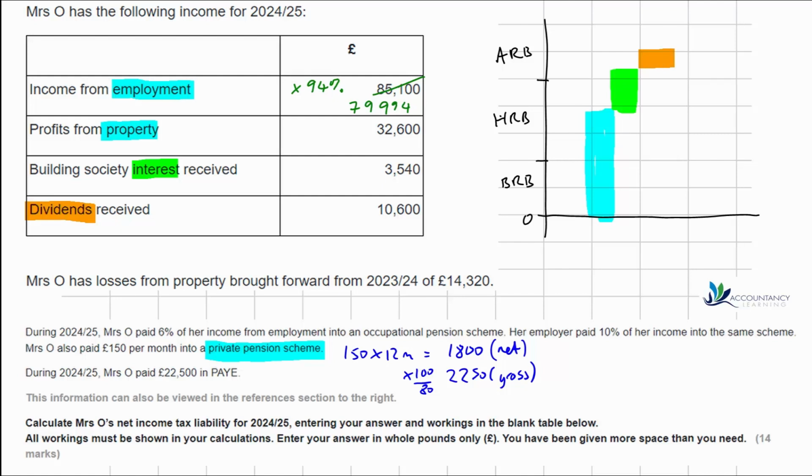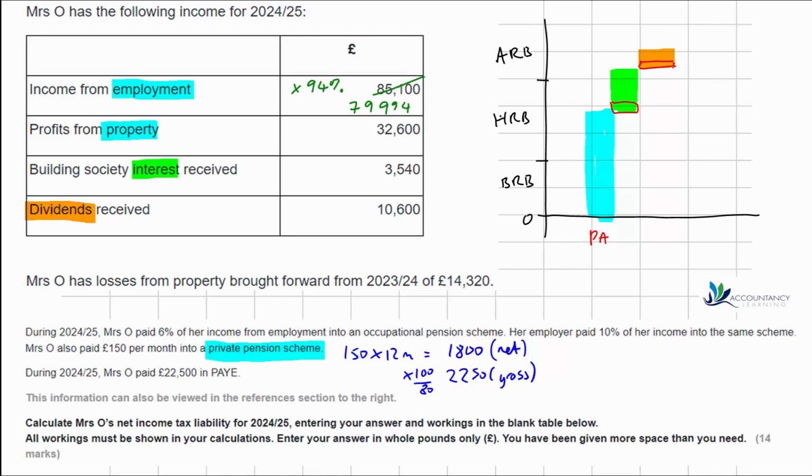So while we're doing that, remember that our personal allowance is deducted before we start doing any of this stacking. But for our interest income and dividend income, any allowances for these are included in the stacking. Okay, so we just need to be aware that some of this income may be taxed at, say, a higher rate band, but some of it may be tax-free.